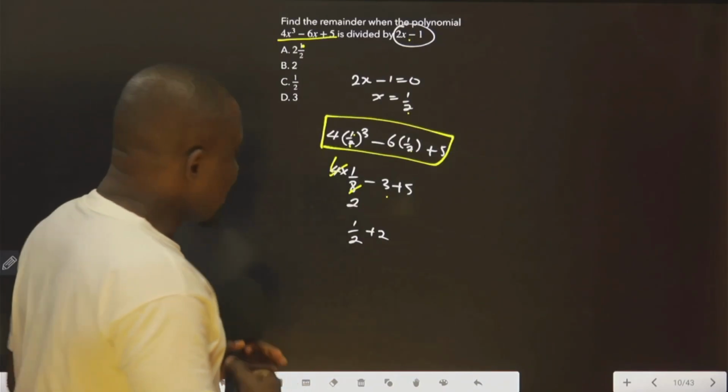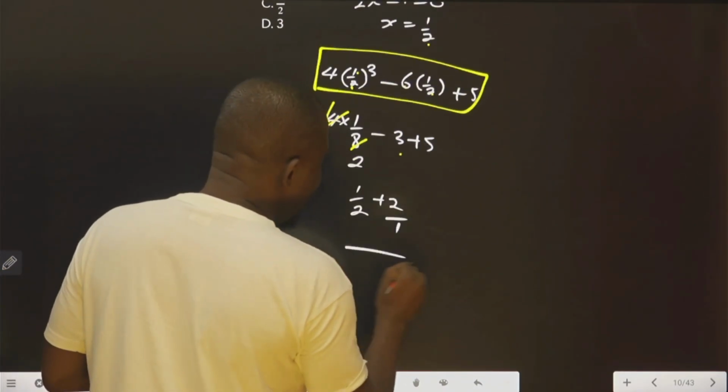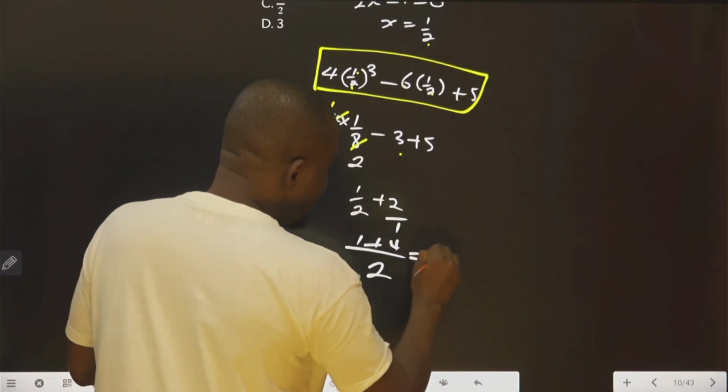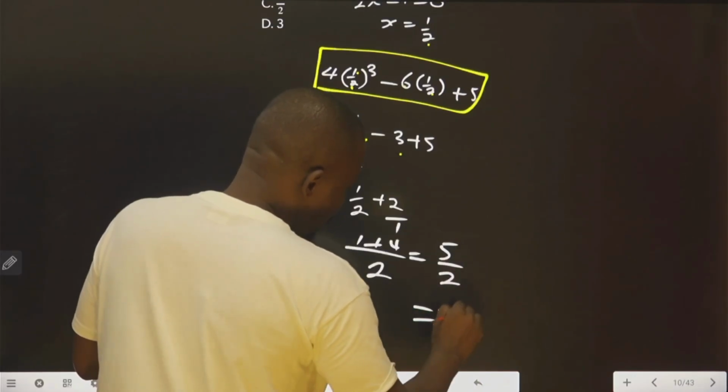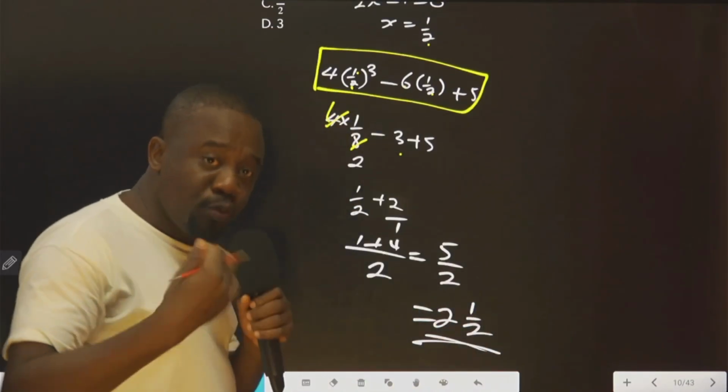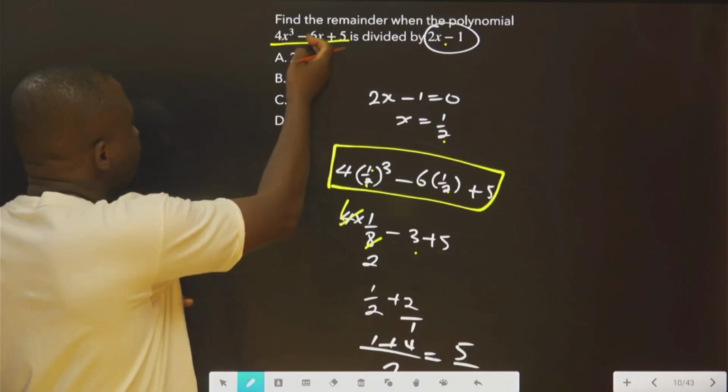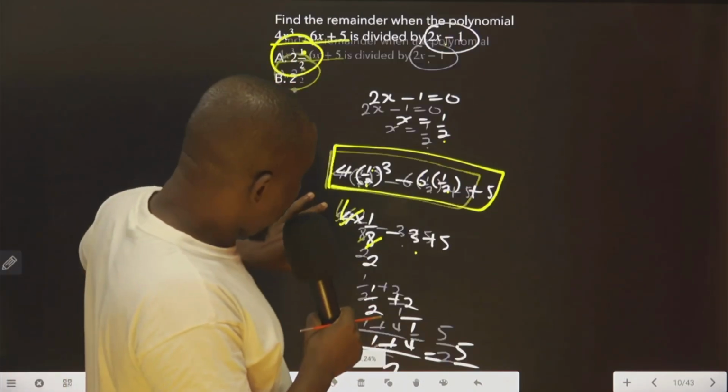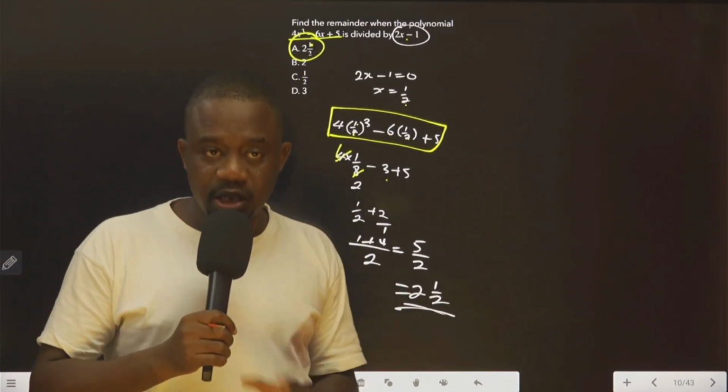This plus this. If you still want to solve it, you can solve 1 plus 4 equals to 5 over 2, 2 over 1 over 2. You should be fast, okay? Hope this is understood. Thank you for viewing.